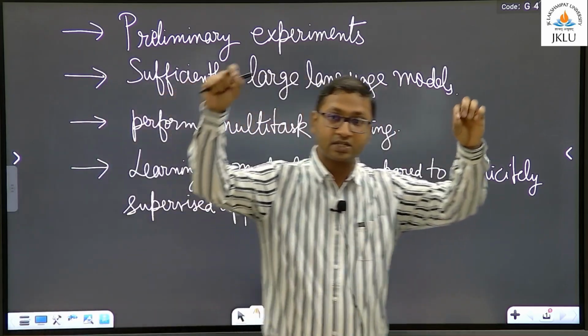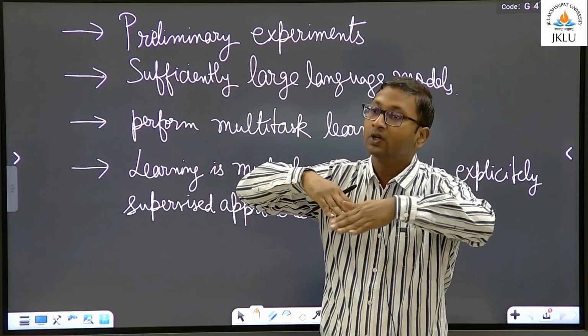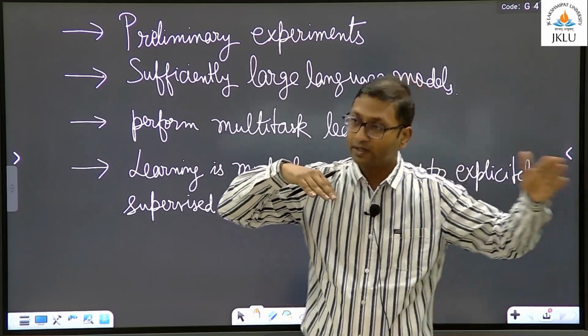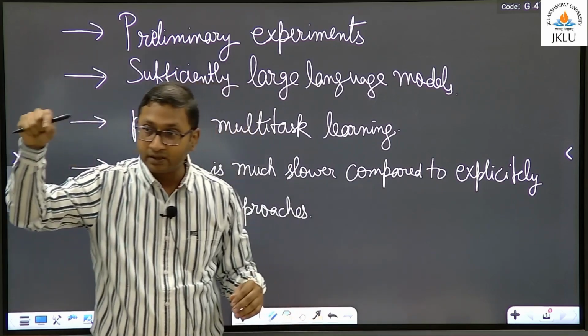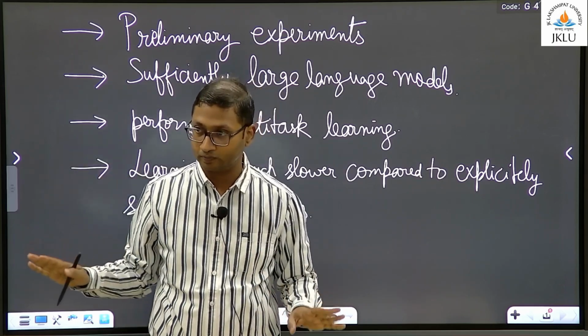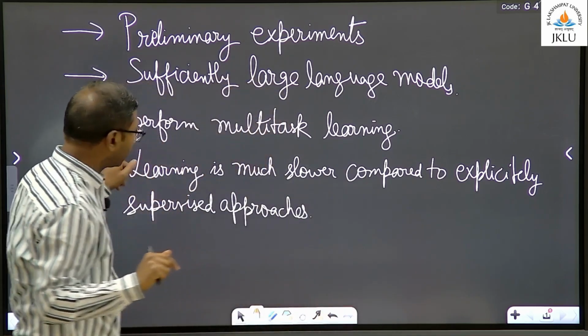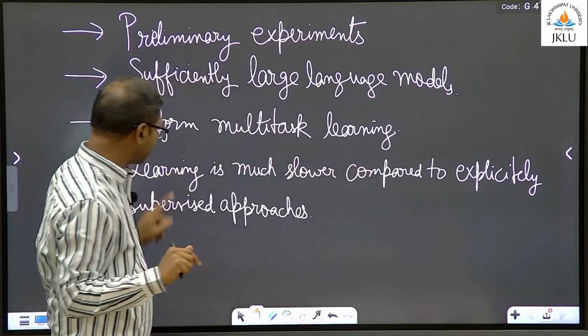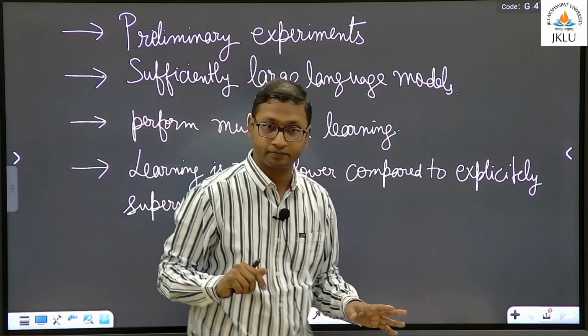You train it on just language model and they will be able to perform question answering, summarization, NER and so on. Are they able to beat the state of the art models designed explicitly to do that? No. Okay. So, learning is much slower compared to explicitly supervised approaches.